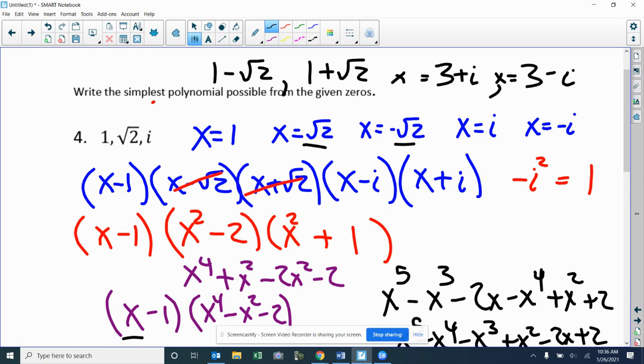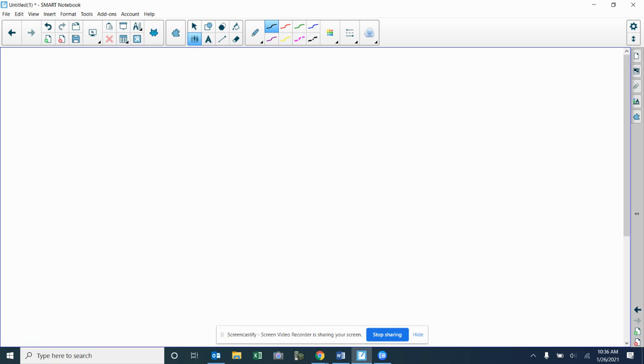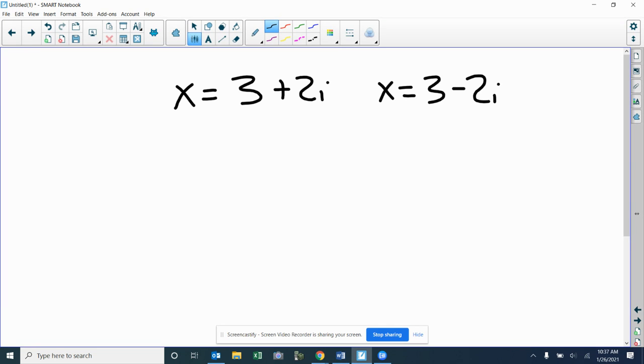How do we do it? With that being said, I would like to do just one more if you have the patience and if you have a piece of paper available, okay? So let's say we're just gonna do x equals 3 plus 2i. So you know the other one's gonna be x equals 3 minus 2i.